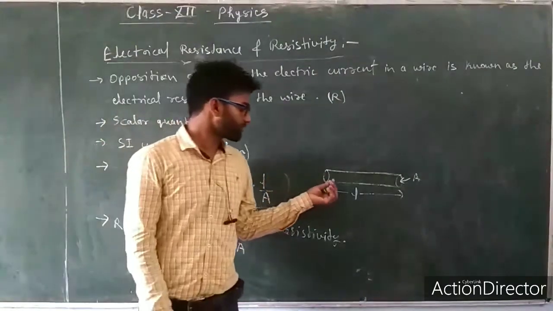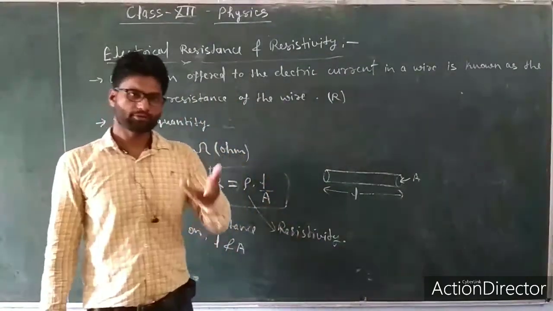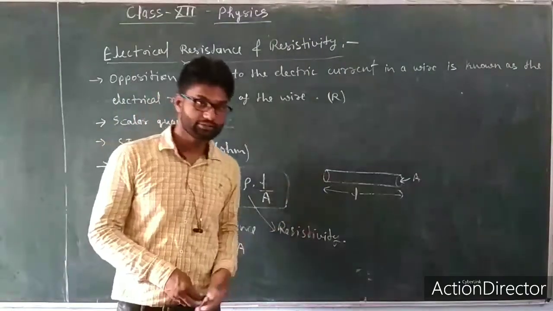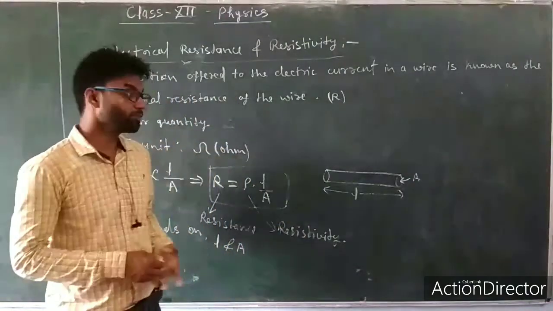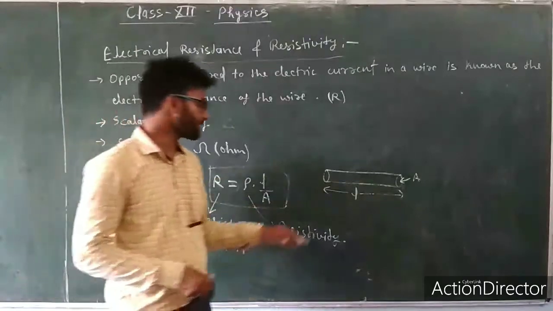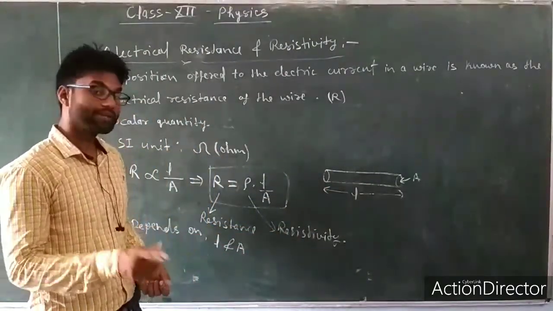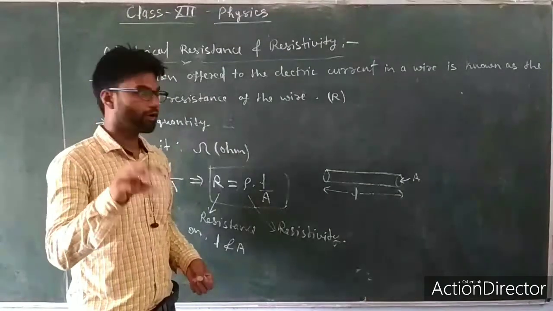Resistivity is the property of a particular material. Like if we are taking a copper wire, right? So that copper will have a certain resistivity value. If we are taking an aluminum wire, that aluminum wire will have a certain resistivity, and that is the property of matter.